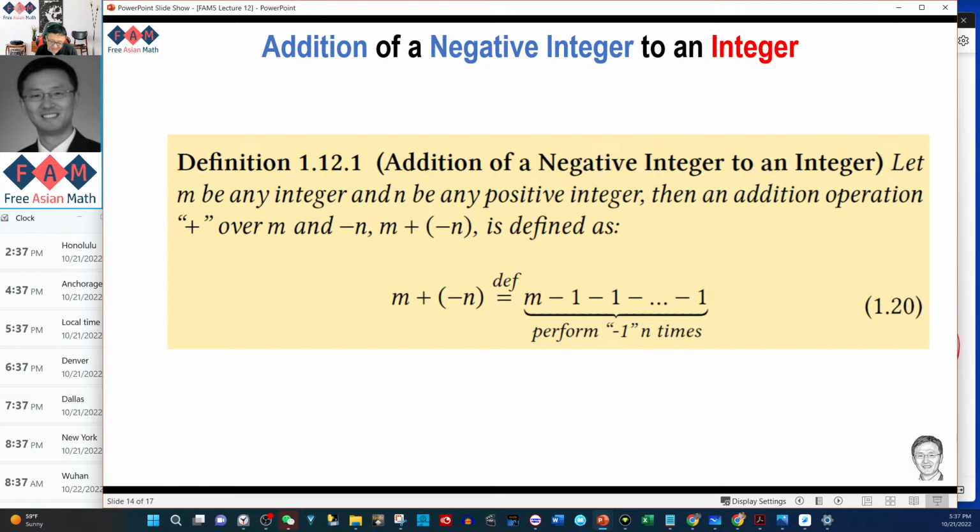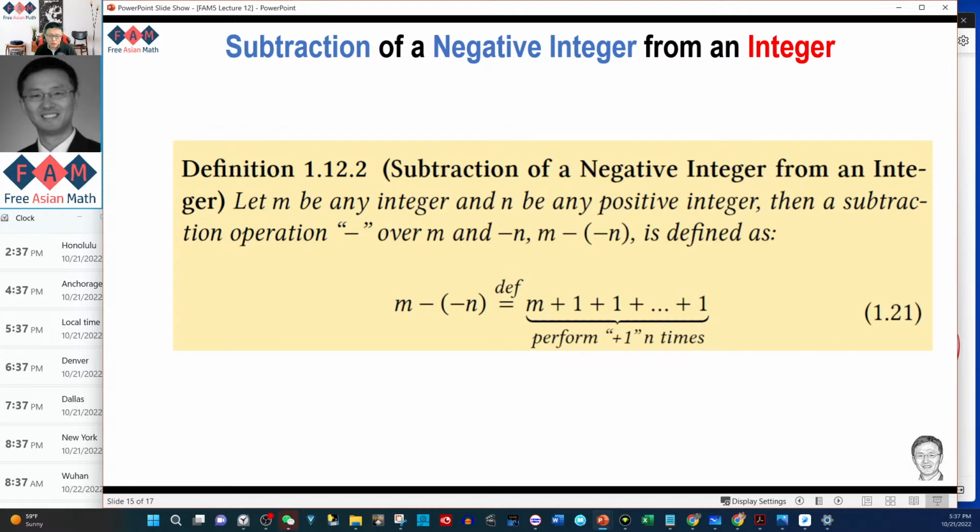So m plus negative n is defined as m decremented by 1, or we call it subtracting 1, subtracting 1, subtracting 1, all the way. So adding a negative number is effectively doing decrement a certain number of times, and the number is the unnegated version of the original. So this is the definition of adding a negative integer to an integer.